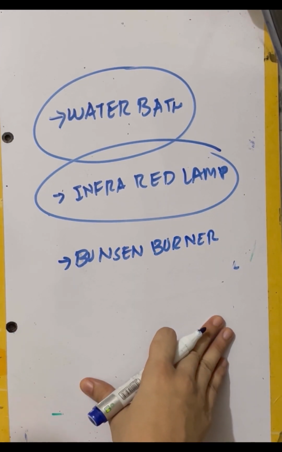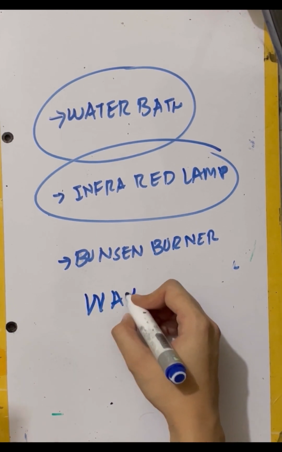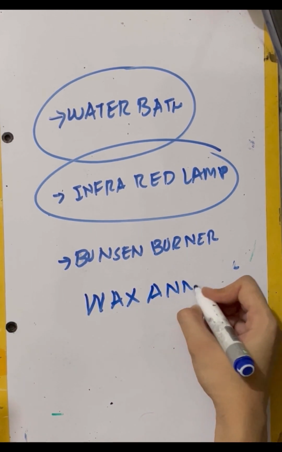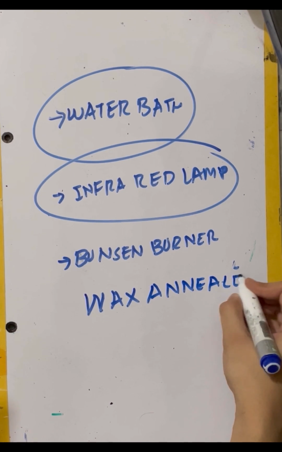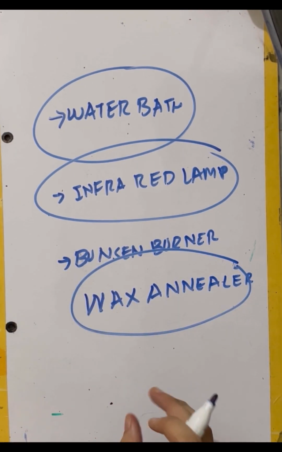The ideal method of softening a wax is a wax annealer. And what is a wax annealer? It is basically a thermostatically controlled oven which keeps the wax at a regular temperature just above the softening temperature.